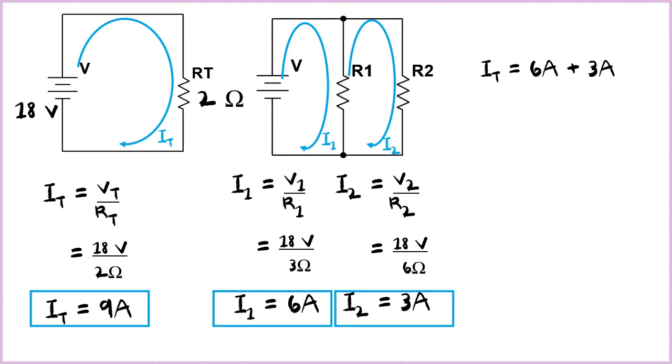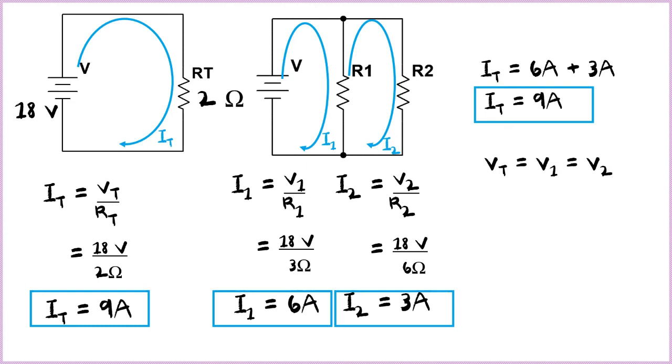So IT, if we add I1 plus I2, should be equal to 9 amperes. And based on the water analogy, VT is equal to V1 is equal to V2 because they are all interconnected to the positive terminal and the negative terminal of our voltage source, which is equal to 18 volts.